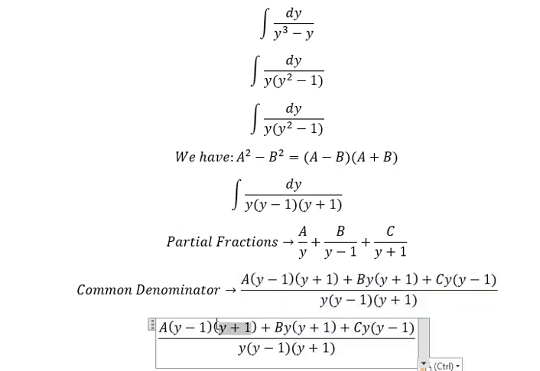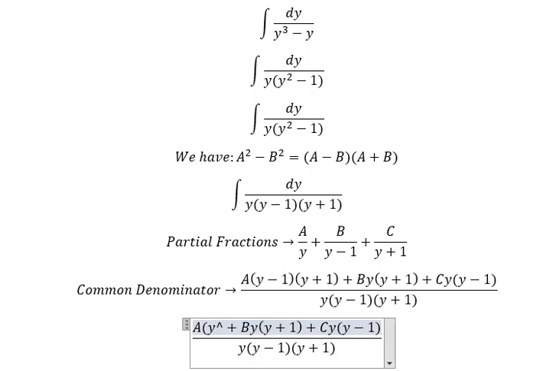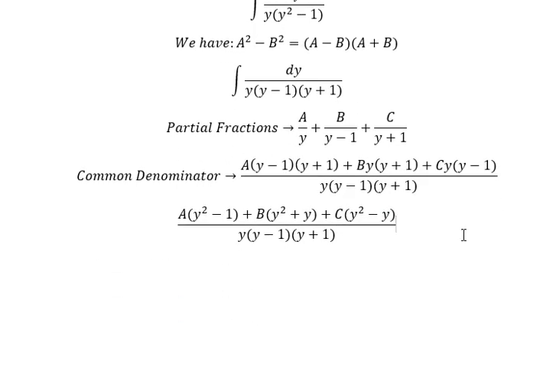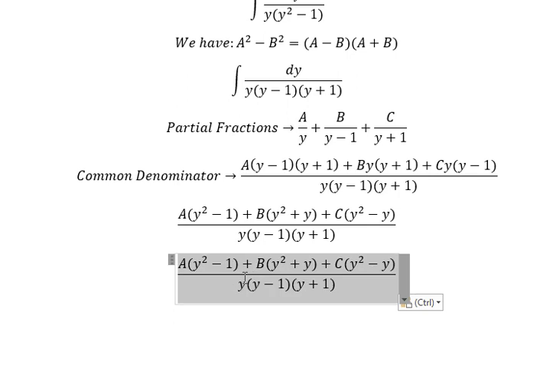we need to expand this one. This one we have y squared plus y. This one we have y squared minus y. Next, we need to arrange based on the terms of y, about y squared.